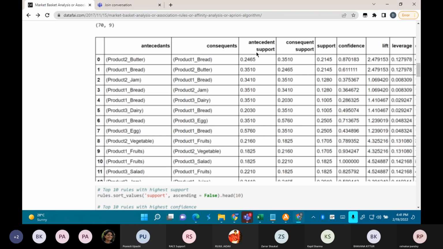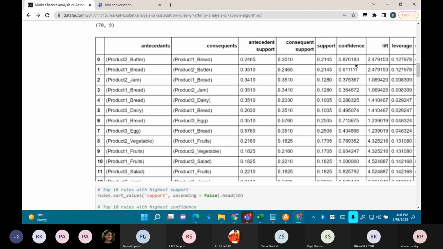So that means how many transactions were there when butter was bought? 24.65% of transactions where butter was bought, alone or maybe in combination with something else, but butter was there. Consequent support, bread: 35% of transactions have bread in them. Support: 0.2145, when both bread and butter were there together. That's the support for that.